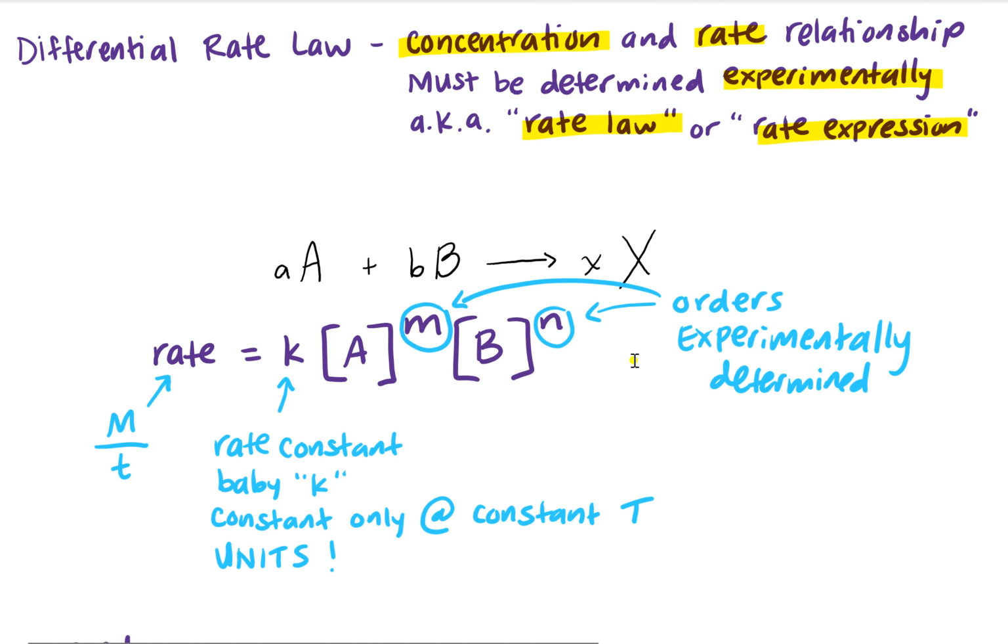One more thing, we can get the overall order of your reaction by adding your exponents together. So overall reaction order would be equal to the sum of those exponents. So in this case, m plus n.